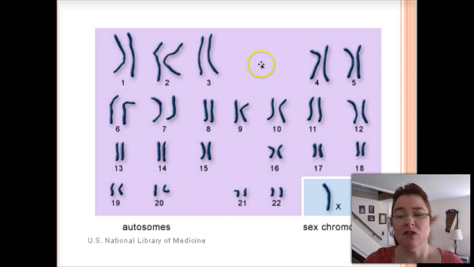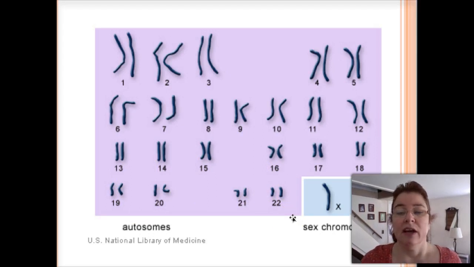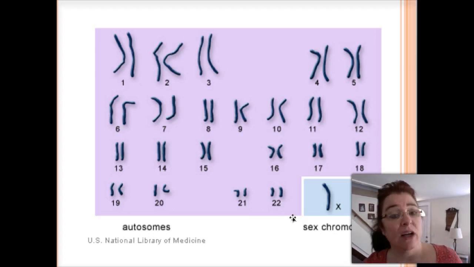All the rest of the chromosomes are paired. One was inherited from mother, one was inherited from father, and if you look, you can see that there are 22 pairs. These are the autosomes. Now, each pair is identical one to the other, but if you go from pair to pair to pair, they're different.